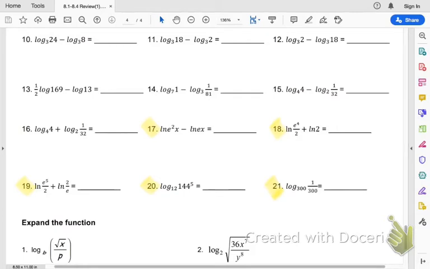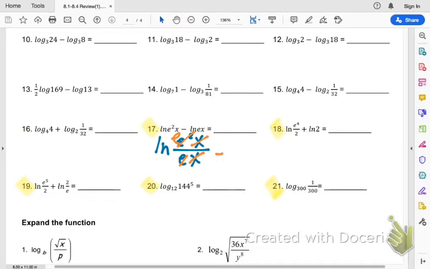So on number 17, if I were to combine them, then since it's subtraction, I would divide. So I would have natural log of e squared x divided by ex. And from there, I want to simplify. So the x's will cancel, and then e squared and e will reduce to just e on top.